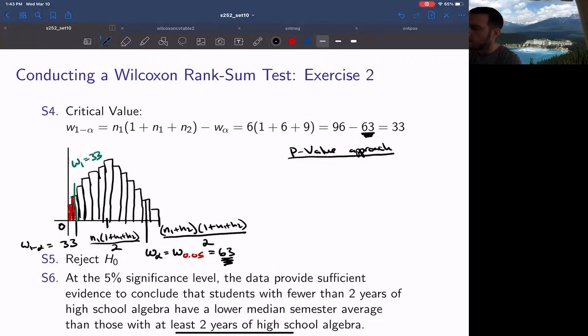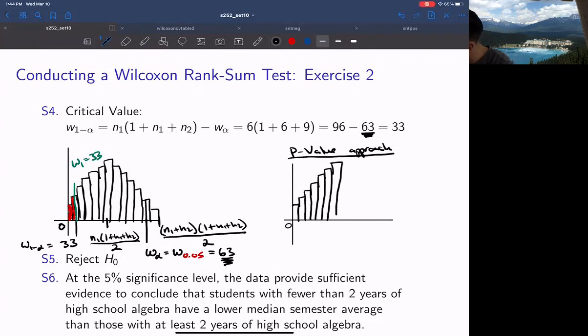what we would have here is another sketch of our distribution. So the points on this are going to be the same. Oh man, I've been trying.